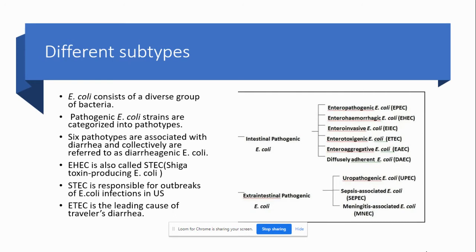So the 2 main types that cause diseases to humans are the EHEC and also the ETEC. EHEC is often referred to as STEC, which is the Shiga toxin producing E. coli. STEC is responsible for most of the outbreaks of E. coli infections in the US, and ETEC is the leading cause of travelers' diarrhea all over the world.